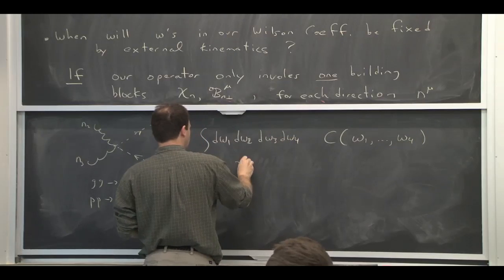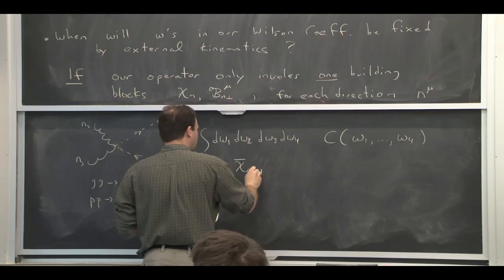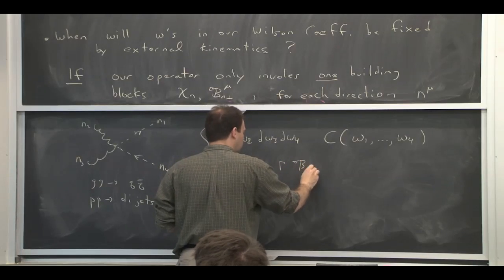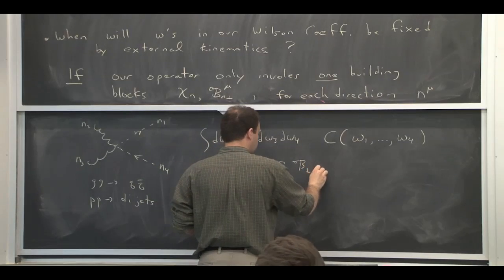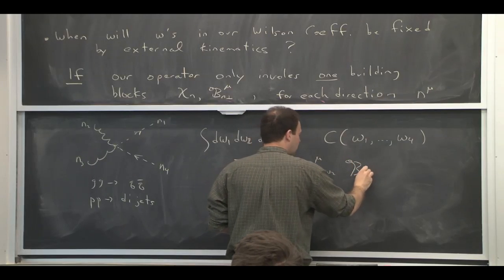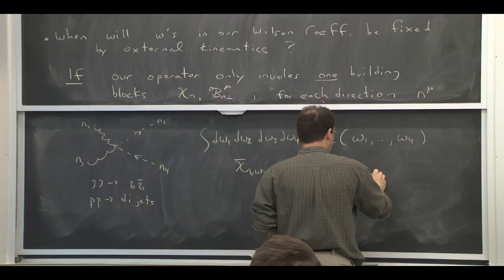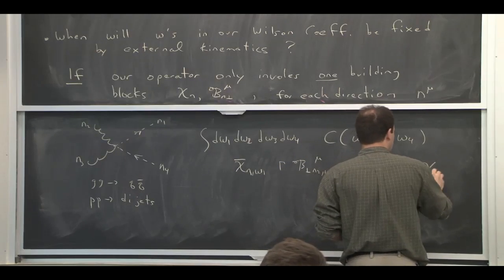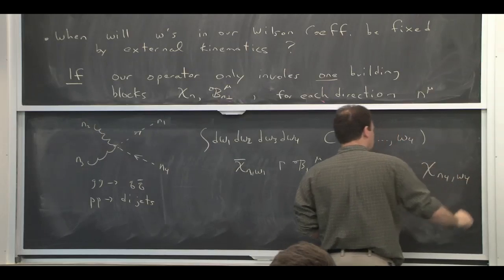And you'd then write down some operator out of building blocks, n1, ω1. I'm not going to worry about all the indices, but I'll worry about some of them. That would look like that.